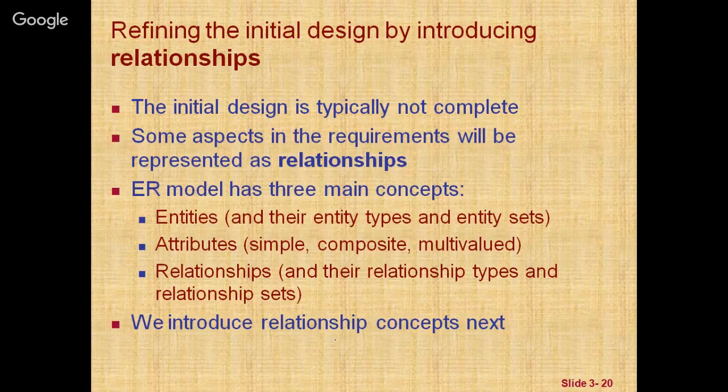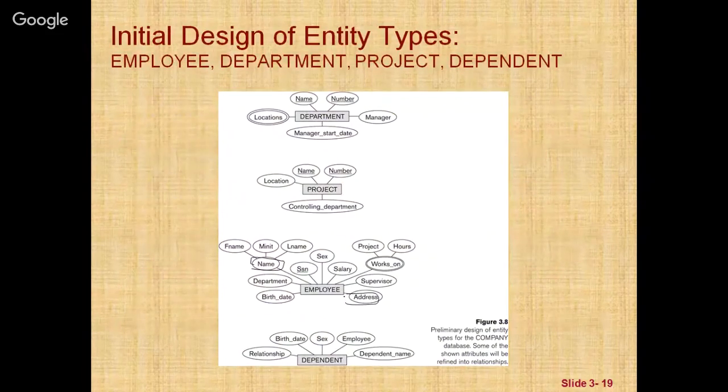The attribute controlling department of project refers to, you can see it in this slide itself. Okay, so the attribute controlling department of project refers to the department that controls the project, and the attribute supervisor in the employee table here.